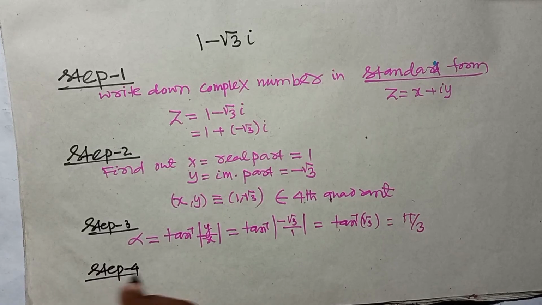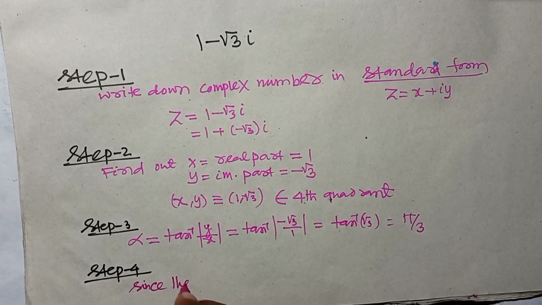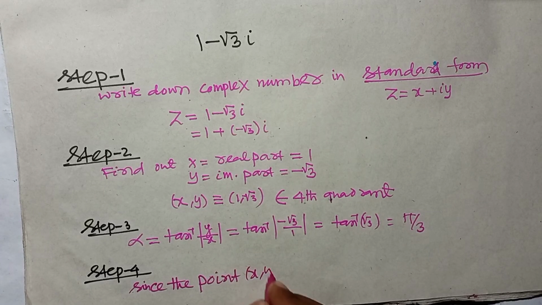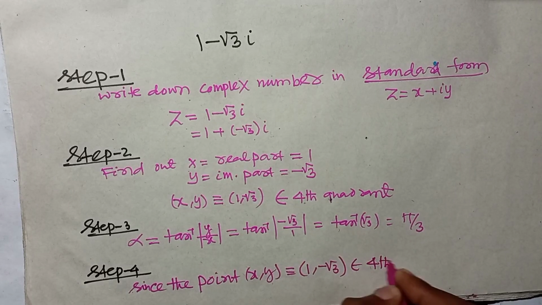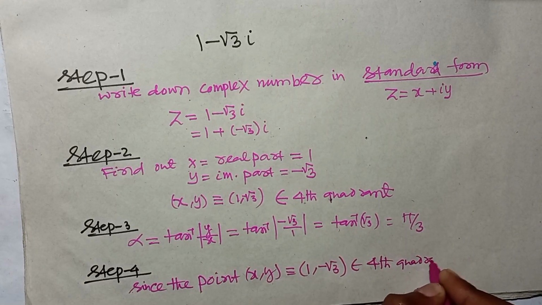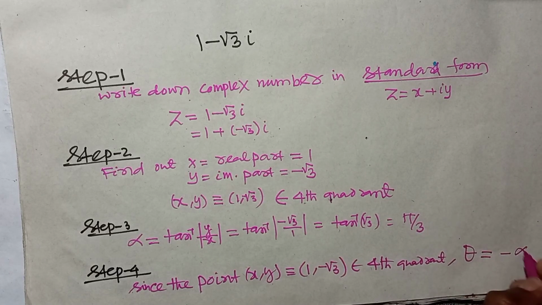Now step number 4: since the point x comma y, or you can say 1 comma minus root 3, belongs to the fourth quadrant, the value of the principal argument theta will be minus alpha, equal to minus pi by 3.